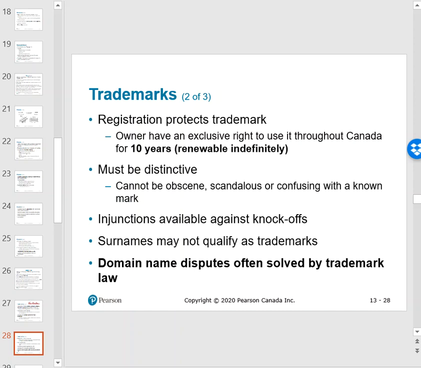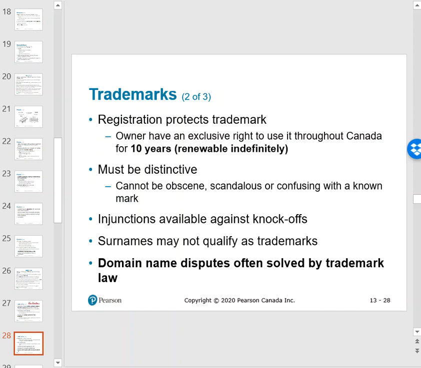I have not mentioned anything about renewing for copyright or patent. In other words, there are no renewals for copyright or patents. But for trademarks, yes, it is possible to renew trademark protection.